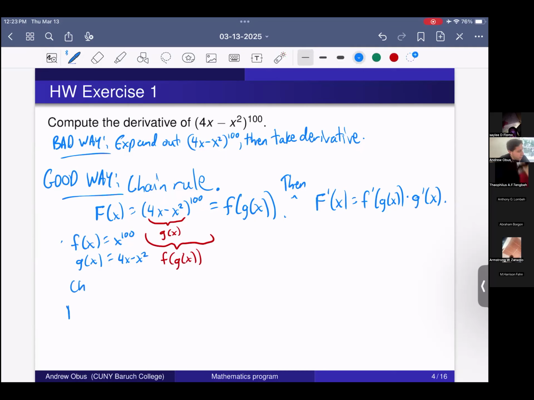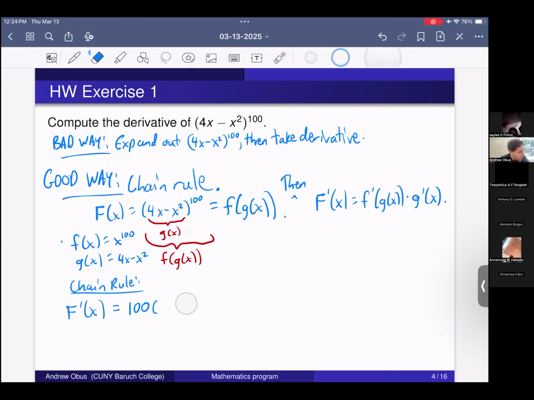Okay? So this is what we have, and so now we can just apply the formula, right? So the chain rule says that f prime of x is going to be what? It's little f prime, so the derivative of x to the 100, which is 100 x to the 99th, but I'm not going to write x here because this f prime has to be applied to g of x. So instead of putting the x here, I have to put g of x.